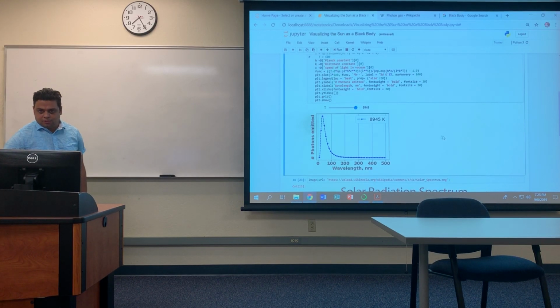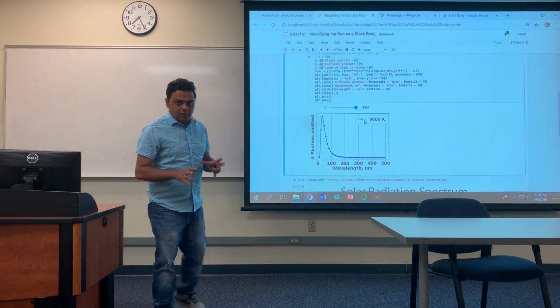The good thing about Python is you can play with the other variable, which is temperature here. If you decrease the temperature, the curve is distributed differently than if you increase the temperature, then the curve goes toward the left, right? The peak of the curve goes toward the left, toward the lesser wavelength, right?